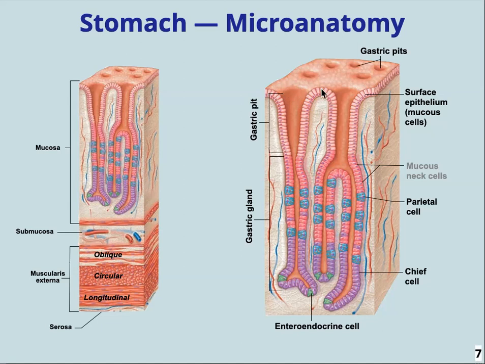So the surface epithelium is composed almost entirely of mucus cells, and these mucus cells secrete a thick, viscous, insoluble, and alkaline mucus filled with bicarbonate ions. And that has a protective role. It prevents those chemicals like pepsin and hydrochloric acid from damaging the stomach itself.